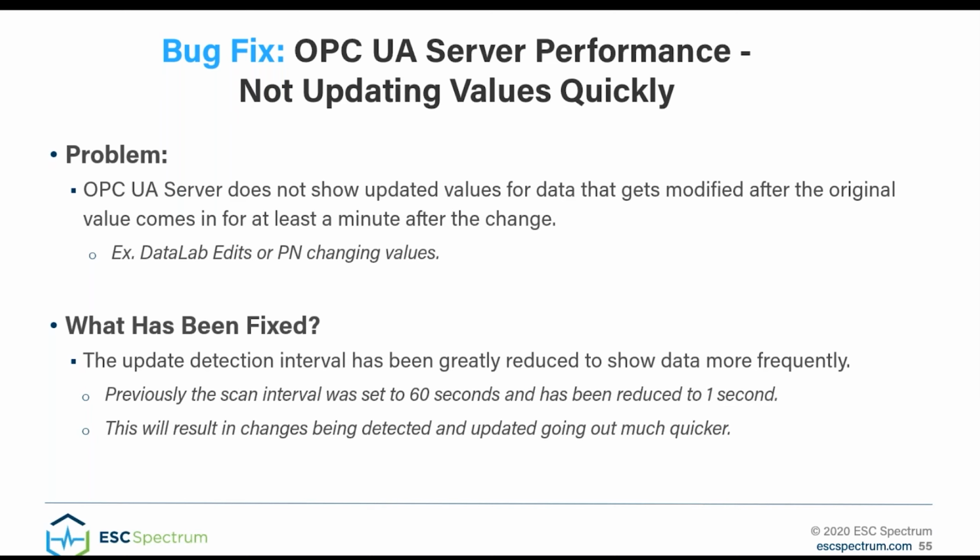And this included Data Lab edits and Process Now changing values, etc. So in 6.13, the update detection interval has been greatly reduced to show data more frequently. Previously, the scan interval was set to 60 seconds. This has been reduced to 1 second. And this will result in changes being detected and updates going out much quicker.